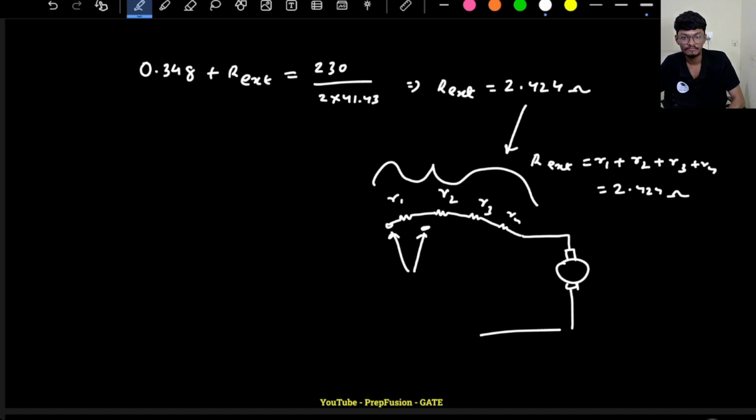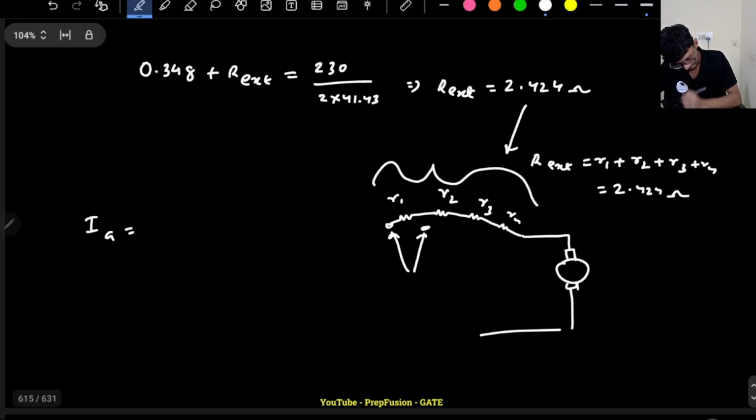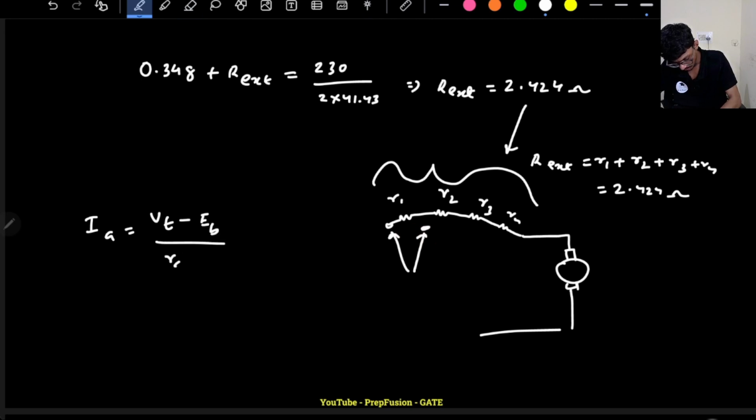So how will I find it out? In the first state, what is the armature current when it reaches here? IA will be equal to VT minus EB divided by RA plus the remaining resistance after removing this one, let's name it R external dash.